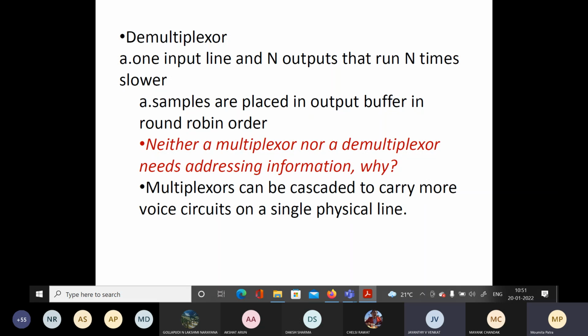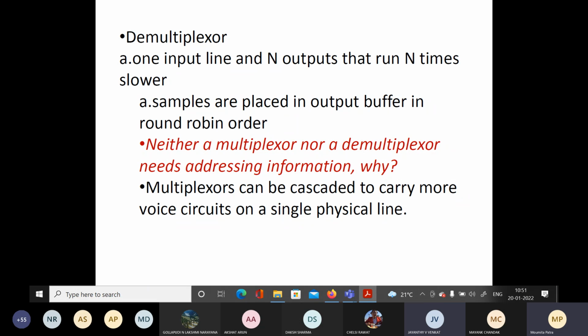So you are not concerned about the header information or the addressing information. Nothing is required. You just need to know what the input port is, and that will be the corresponding output port for the demultiplexer. Whatever the sample contains as information will be required to get the corresponding output port.